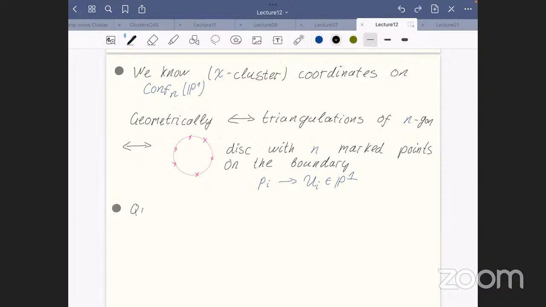A question: can we consider more general surfaces?